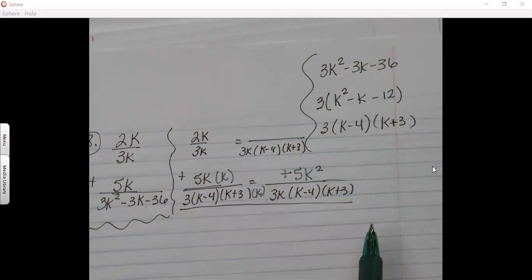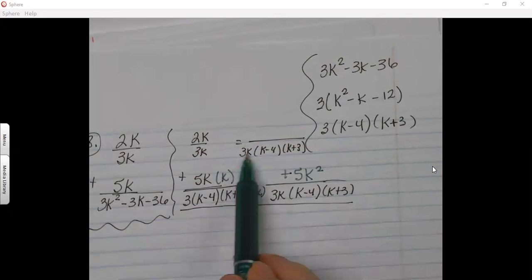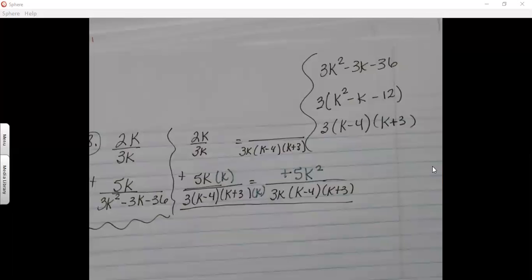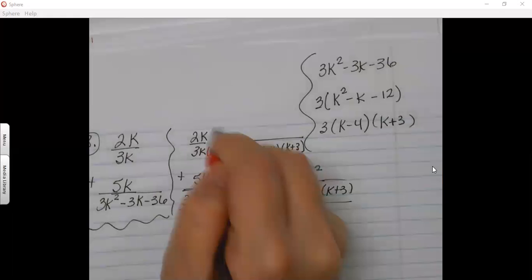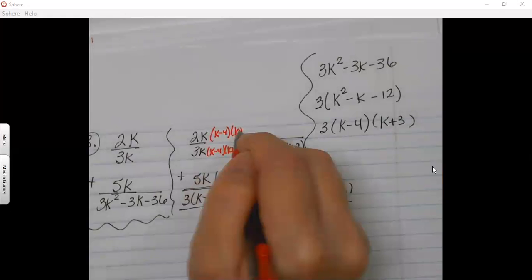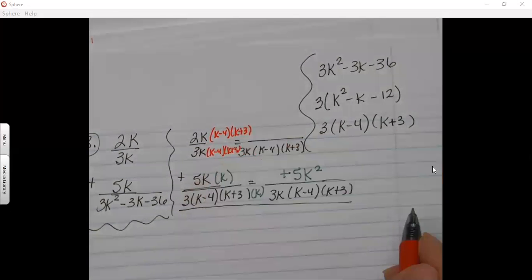The factors that are missing are k minus 4 and k plus 3, right? So if I multiply the denominator by k minus 4 and k plus 3, I need to multiply the numerator. And I caution you, multiply the binomials together first before you distribute the 2k. Because if you distribute the 2k to both sets of parentheses, you're over distributing and it's going to be wrong. Just multiply the binomials together first, and then we'll go back and distribute the numerator, okay?